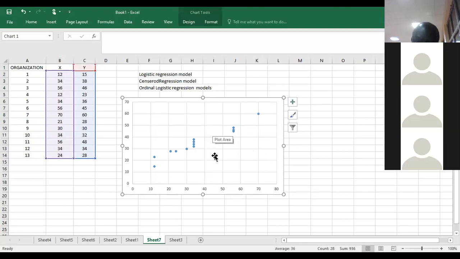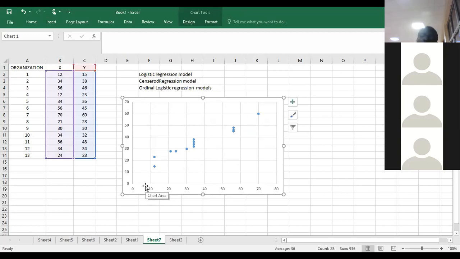That line, which is of the form crudely Y is equal to mx plus c, is the line that passes through most of these points, or as near to most of them as possible. That is the regression line.